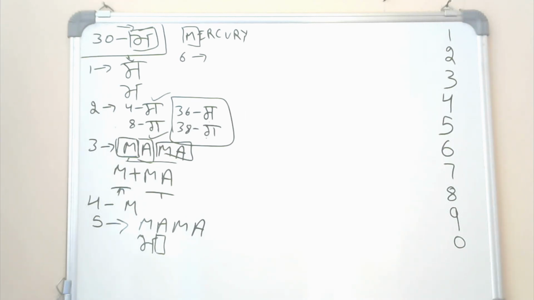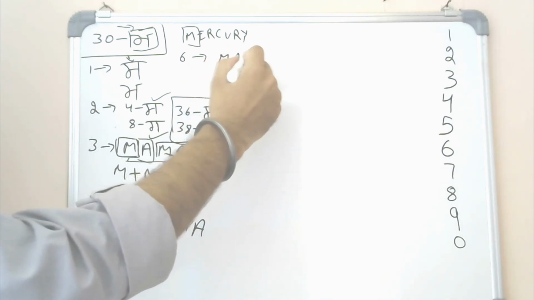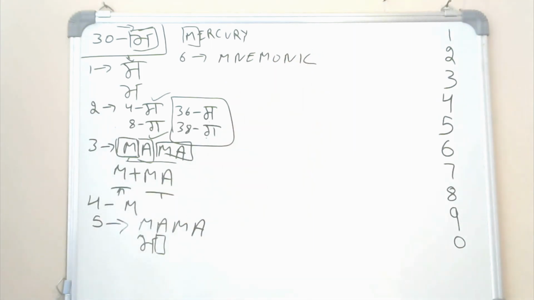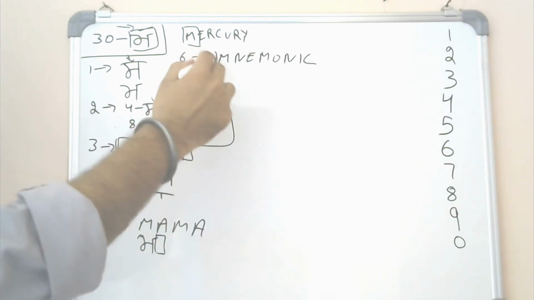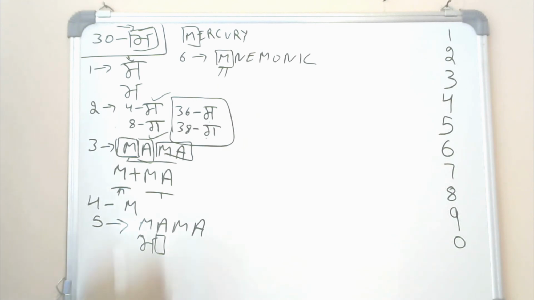One of the exceptions that I can give you is this mnemonic. Here, if you see, we have M here, which is silent. So we will not be using this letter.